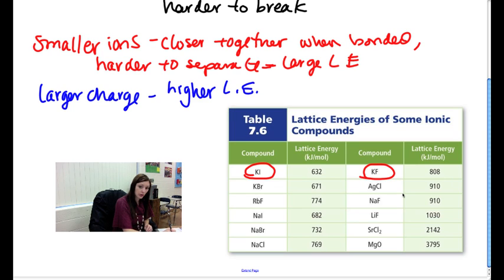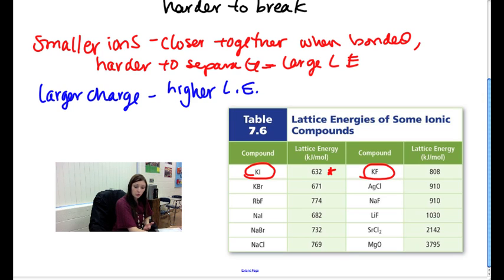So I is larger, which is why it takes less energy to break them apart, because these KI molecules are bigger. They're easier to separate because they don't have as strong an attraction to one another. Whereas KF, those molecules are very close together, so they're much harder to break apart because they have a stronger attraction together.